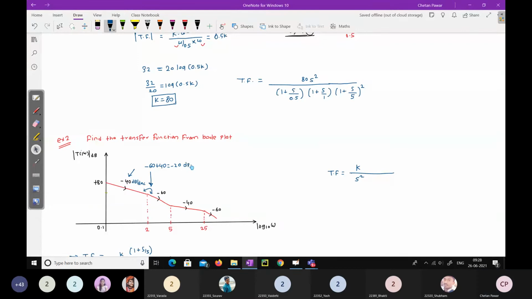So minus 20 dB per decade is the change in slope. What is the order of the pole at this particular corner frequency? 1. So 1 plus s by 2.